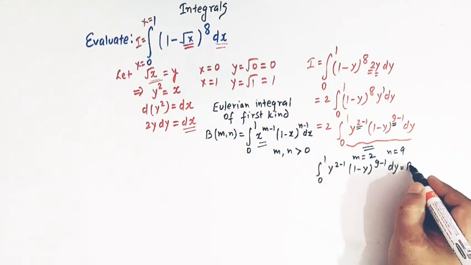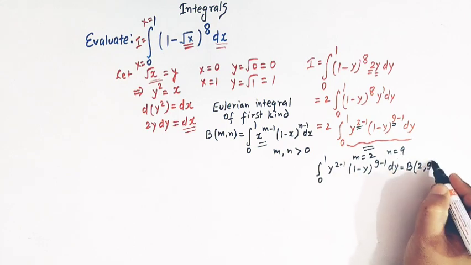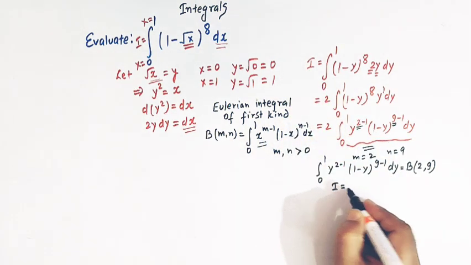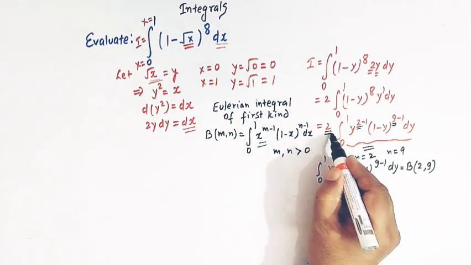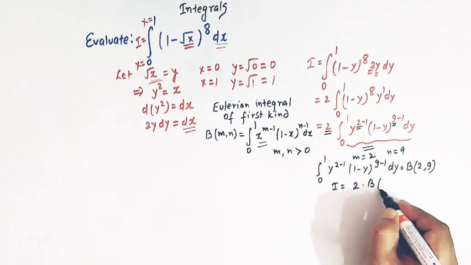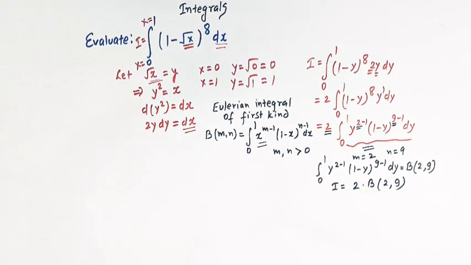So here we have beta, m is 2 and n is 9. So this integral I can be written as 2 times, here we have 2 as a factor, and then we have beta of 2 comma 9.